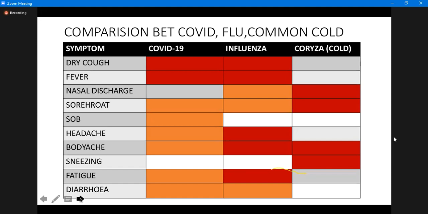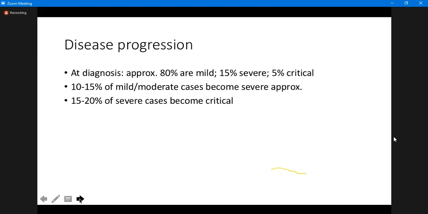I don't know how useful these are in a clinical setting. But remember that nasal discharge, sneezing, and rhinorrhea are not features of COVID, but they are common features of a common cold.